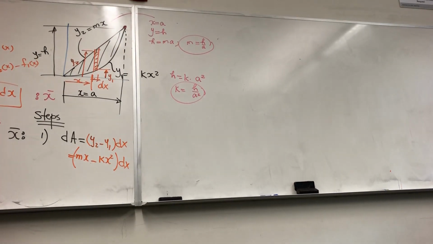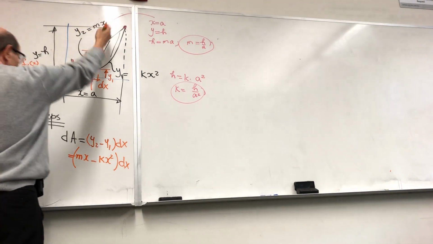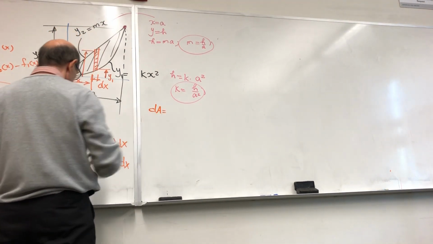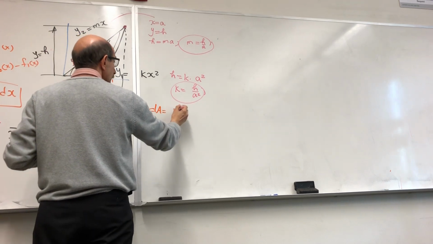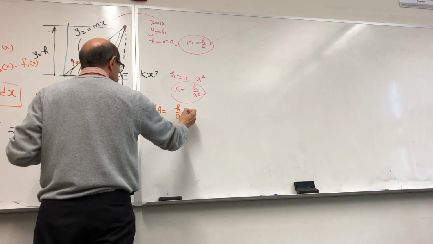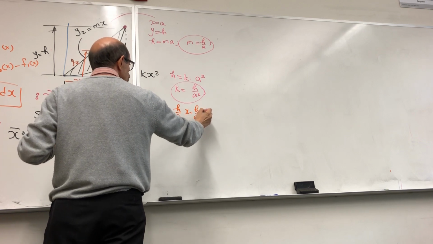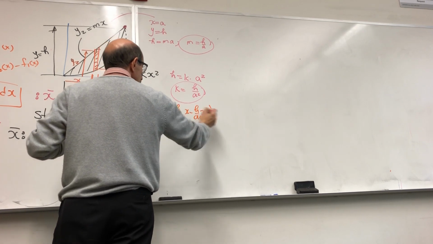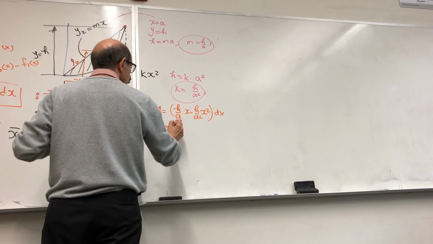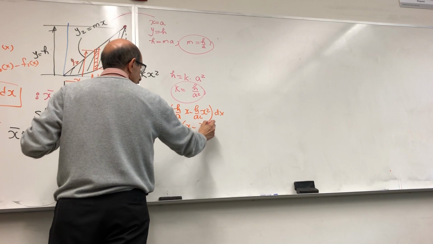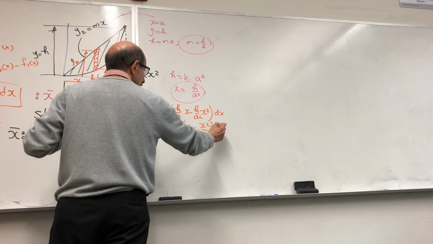I'll put them in here so we can express dA in terms of the given values of that point. So I get dA equal to h over a x minus h over a squared x squared dx, or simplified, h over a times x minus x squared over a dx.